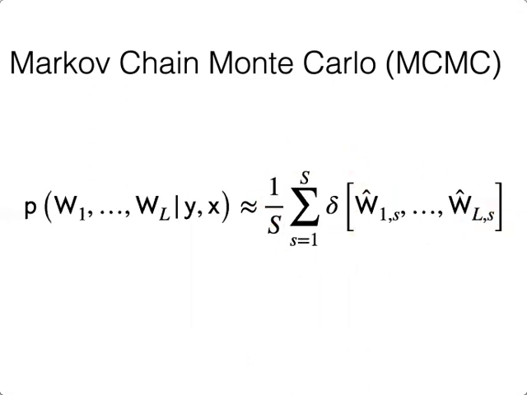One thing that you can already see is this could be quite costly to store because we essentially have to store S neural networks. But the nice thing about MCMC is that it has theory that it will converge to the true posterior asymptotically. And so it is in some ways considered the gold standard.